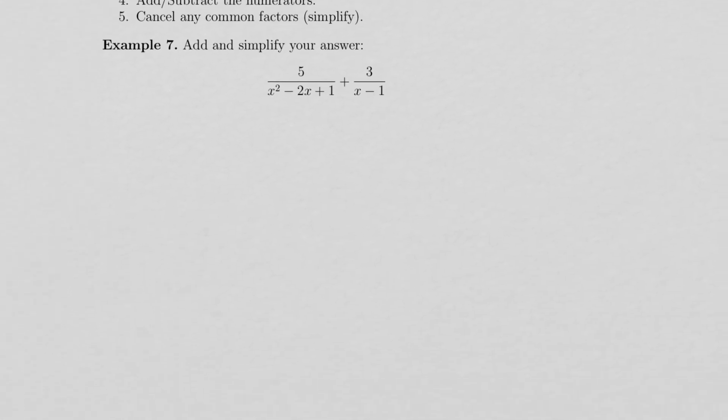So let's first factor the denominator. So this factors into x. I want two things that multiply to give me +1, add to give me -2. So that's going to be -1 times -1, right? Is +1, -1 plus -1 is -2.